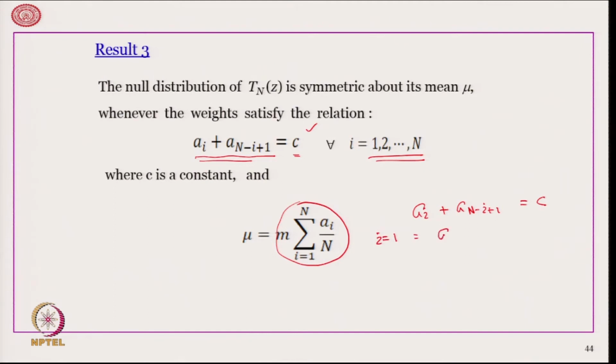So, therefore, it is saying a 1 plus a n is equal to c. Put i is equal to 2, it is saying a 2 plus a n minus 1 is equal to c. i is equal to 3 implies a 3 plus a n minus 2 is equal to c.